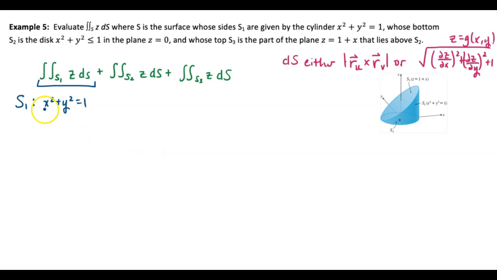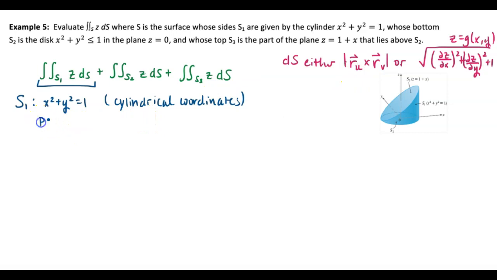Now, because this is a cylinder, the best way to categorize this and to find our bounds is by using cylindrical coordinates. Now, because we can't write this as a function of x or y, we're going to use this first form of dS. So we're going to parameterize this.